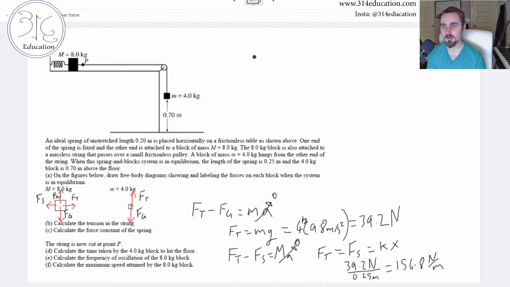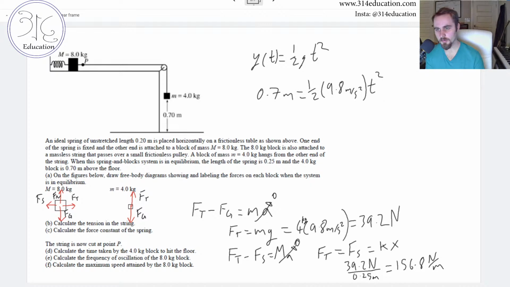We are traveling a distance. We want our y of t to equal 1/2 g t squared. We are traveling a distance of 0.7 meters at a rate of 9.8 meters per second squared for some t squared.